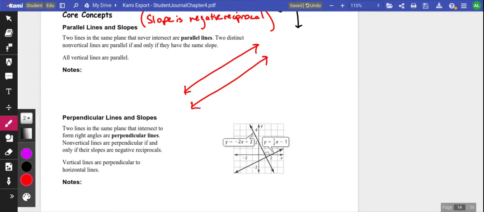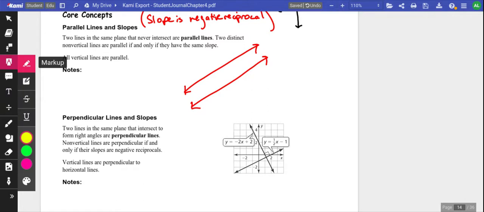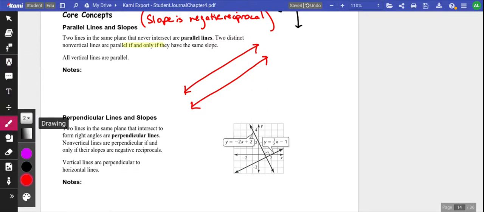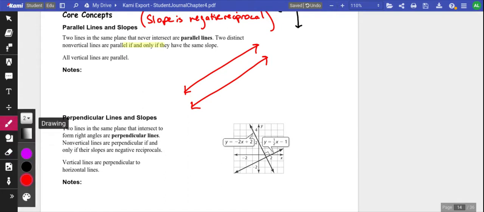Two distinct non-vertical lines are parallel if and only if they have the same slope. Okay, and then all vertical lines are parallel. So remember, vertical lines are undefined, so they don't have a slope. Okay, so it's saying all lines with an undefined slope, I should say, are also parallel to each other.